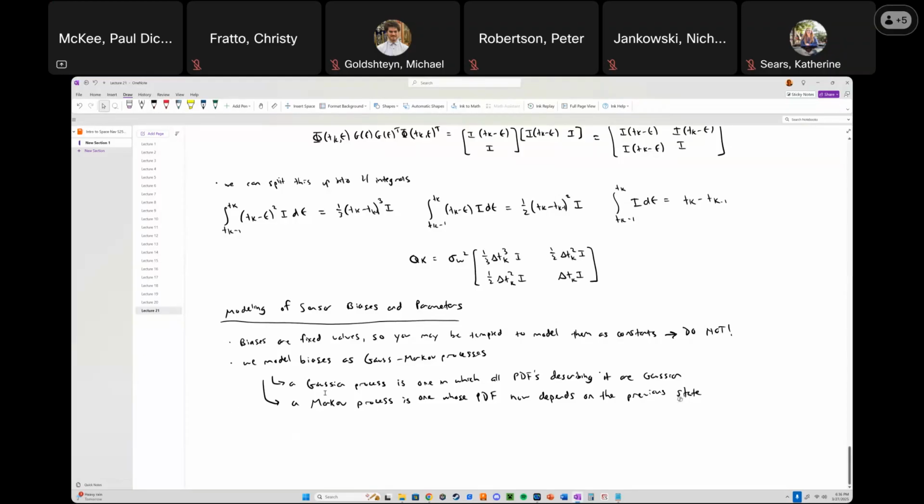Okay, so combining these, a first order Gauss-Markov, or FOGM, process is a first order differential equation with an evolving Gaussian PDF.